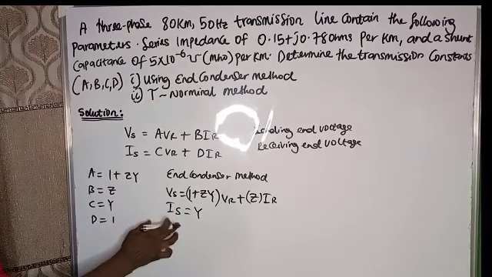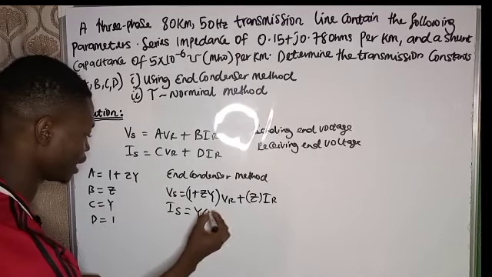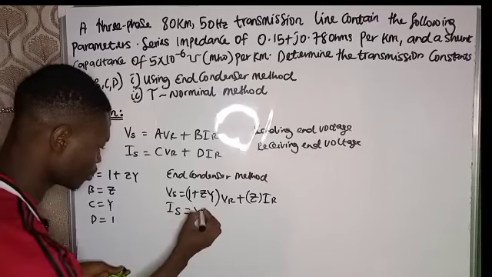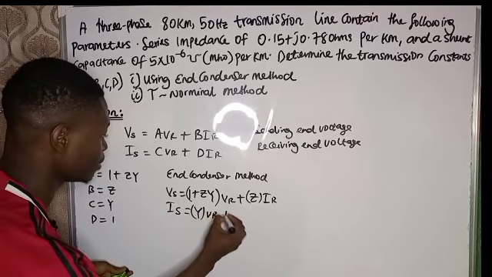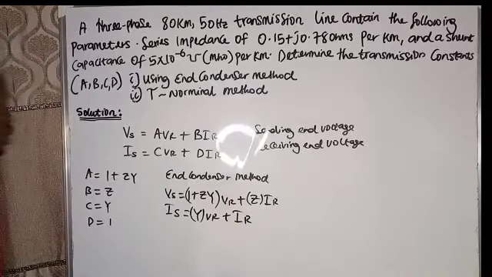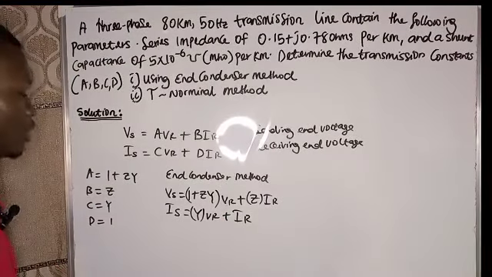Then our IS is equals to Y, because C is Y, times VR plus our D, which is 1, so we can just write IR. This is the N condenser method formula you are going to use.